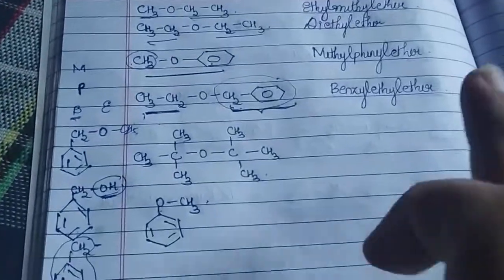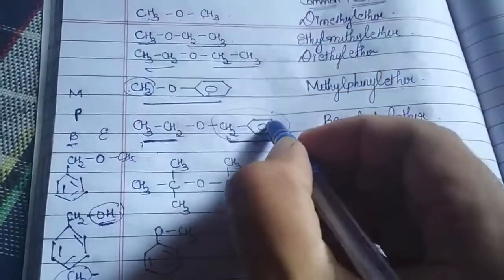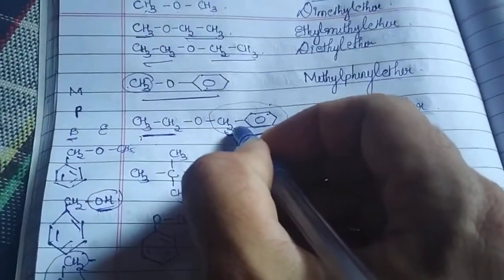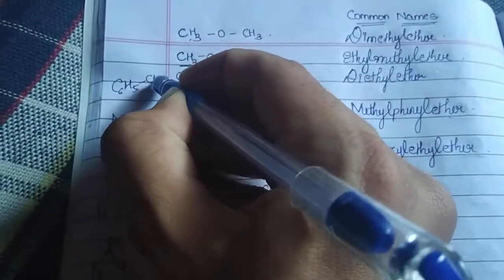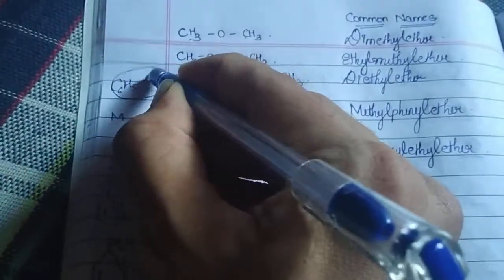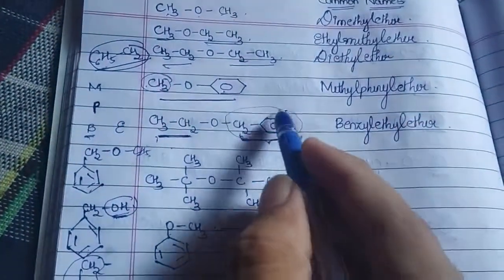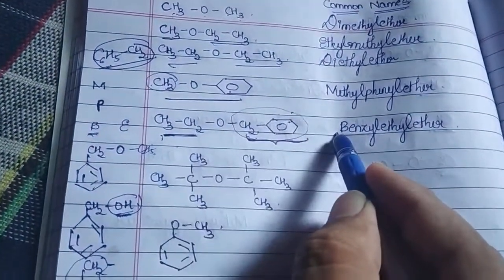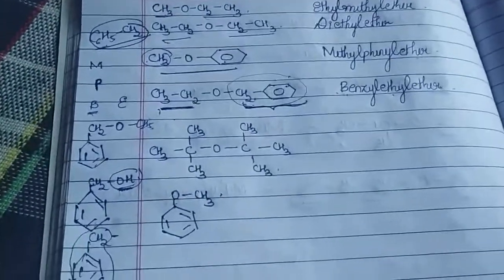Are you getting my point? Benzyl, ethyl, ether. If I write the molecular formula, how can I write benzyl? C6H5CH2. This part is called benzyl, so the B of benzyl comes first. According to alphabetical order: benzyl, ethyl, ether.